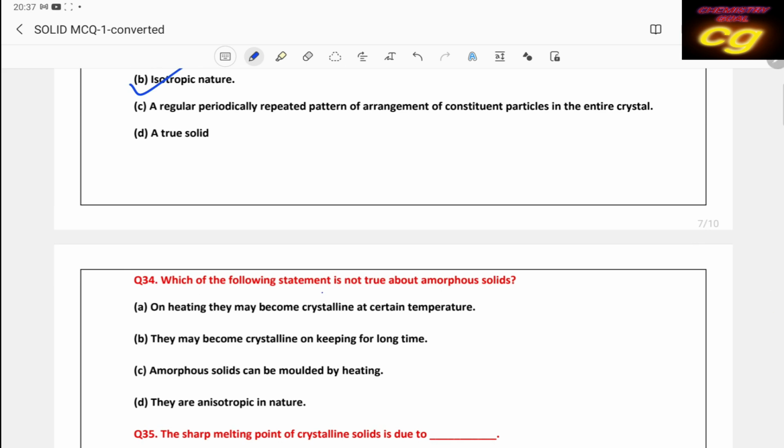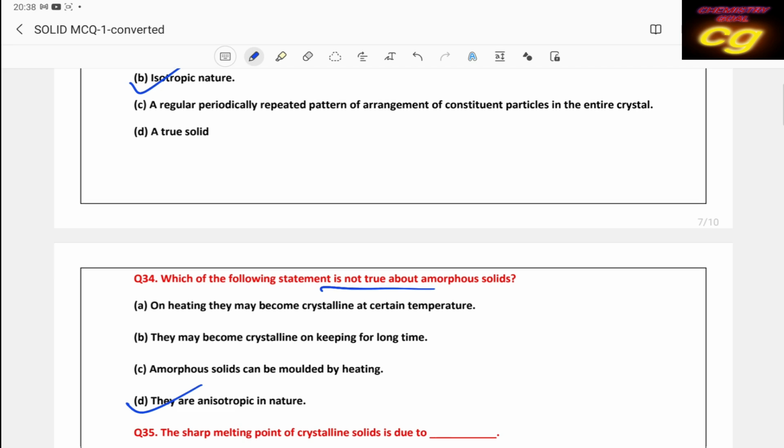The question is which is not true? So anisotropic nature is only for crystalline solid. So for amorphous solid, all 3 points are satisfied, but anisotropic nature is not satisfied. So it is not true about amorphous solid.